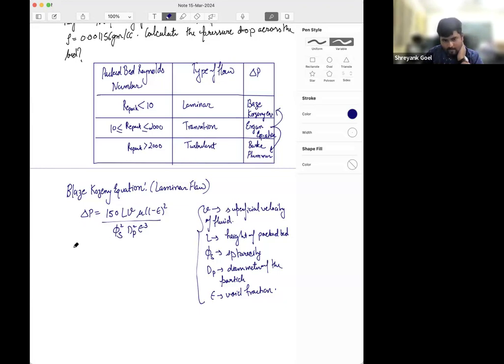For turbulent flow, we will have the Burke-Plummer equation.